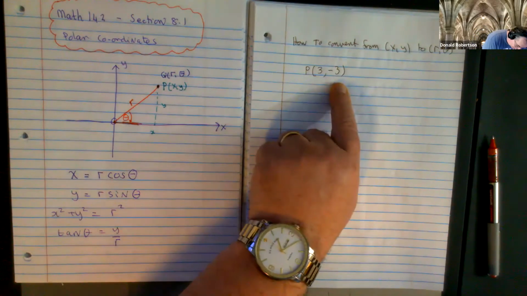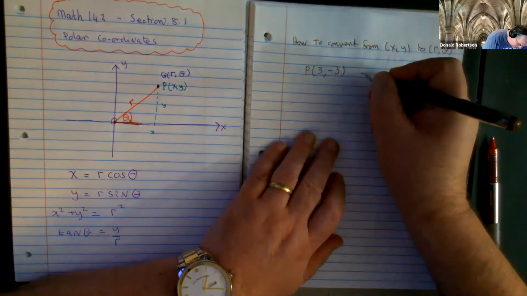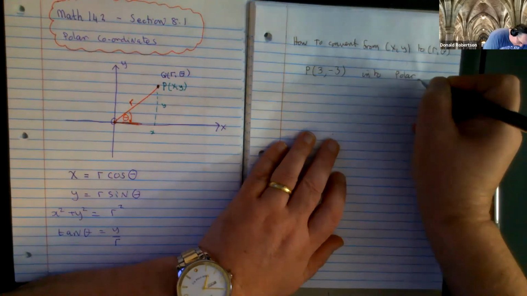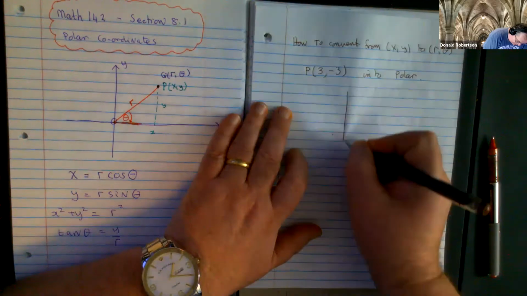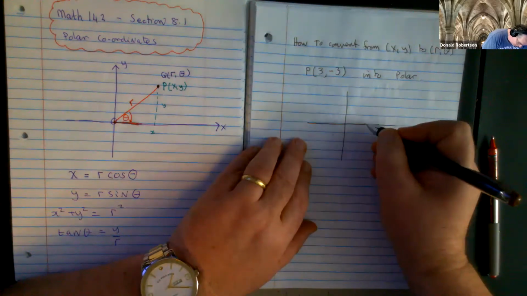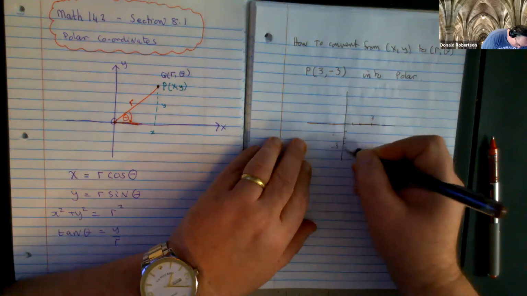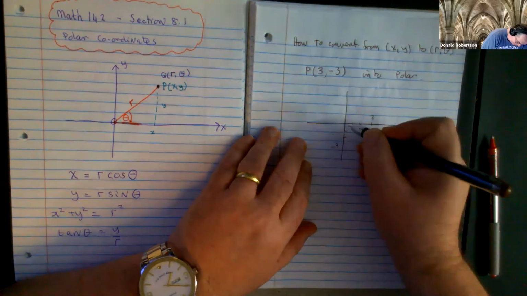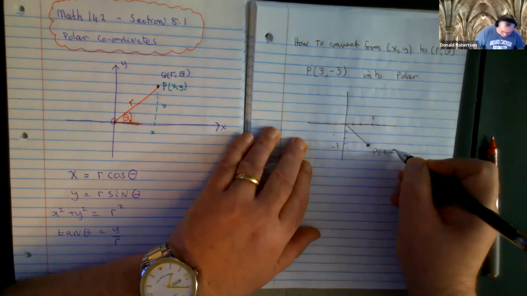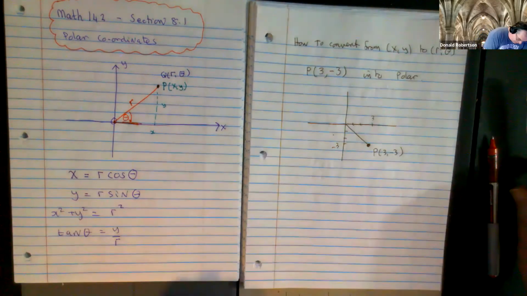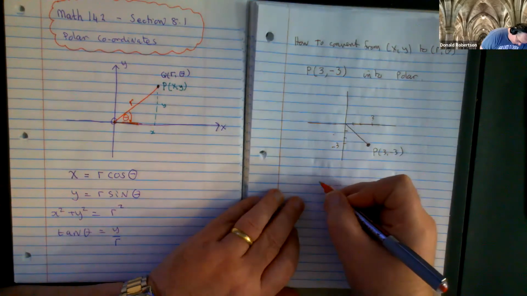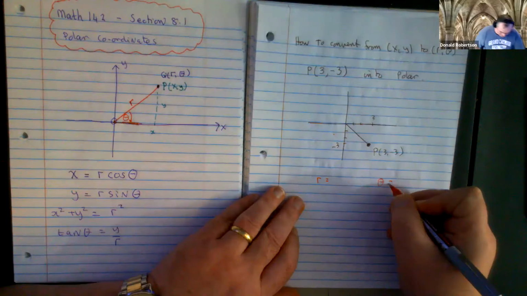And I wanted to convert that into its polar form. If you plot the point 3 comma -3, it's down here. If I want to convert this into polar, I need to know who r is, and I need to know who theta is.